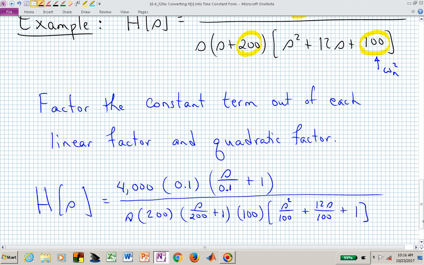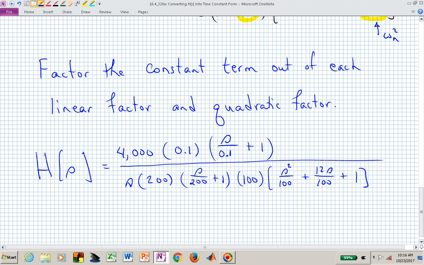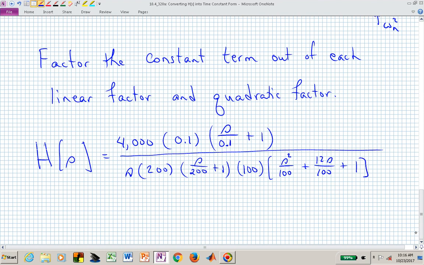And now we have our quadratic factor, and we're actually going to write that a little bit differently as we go.